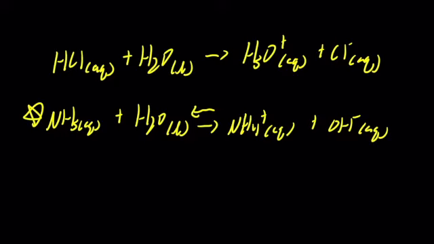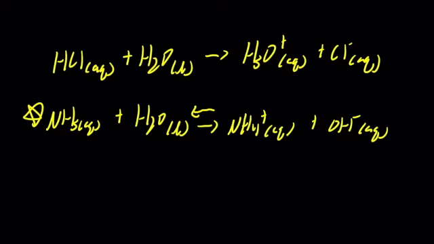Now, quick disclaimer. You may be wondering, why does the bottom equation require a double arrow and the other one doesn't? Do keep in mind that when dealing with acid-base relationships, there are strong bases and strong acids, both of which tend to dissociate completely, meaning they break down to their individual elements.